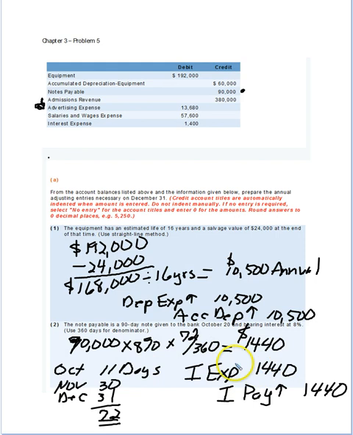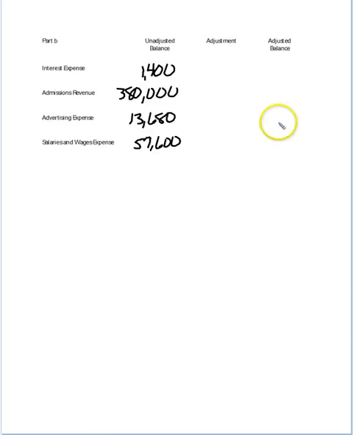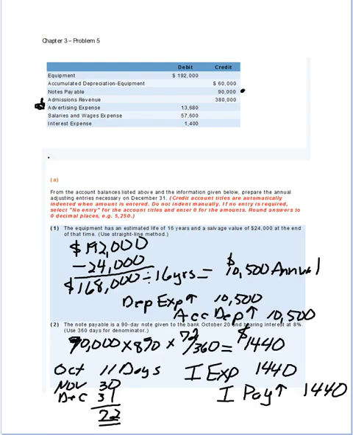Number 2, we debited to increase interest expense. So we had adjusting entry number 2, debited interest expense to increase it, $1,440. And that gave us an ending balance of $2,840 for interest expense. And you can finish these out, but I'll do it real quick.